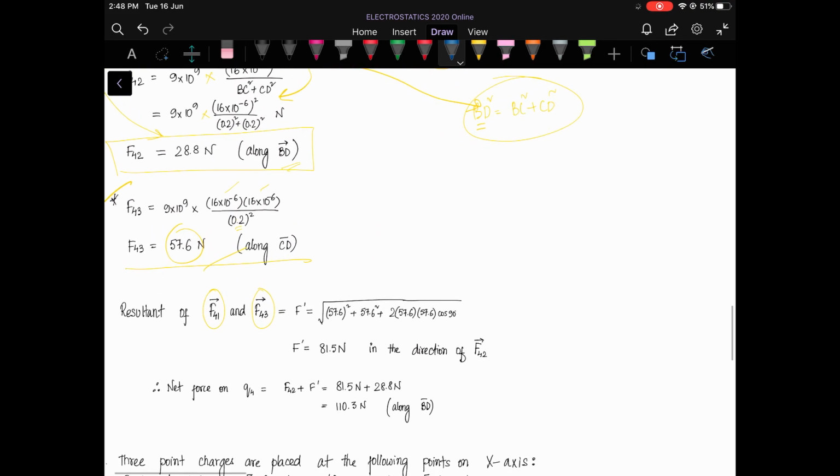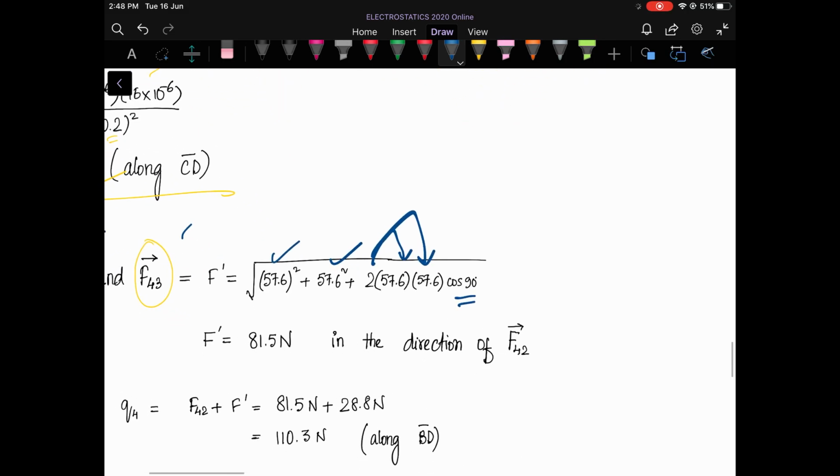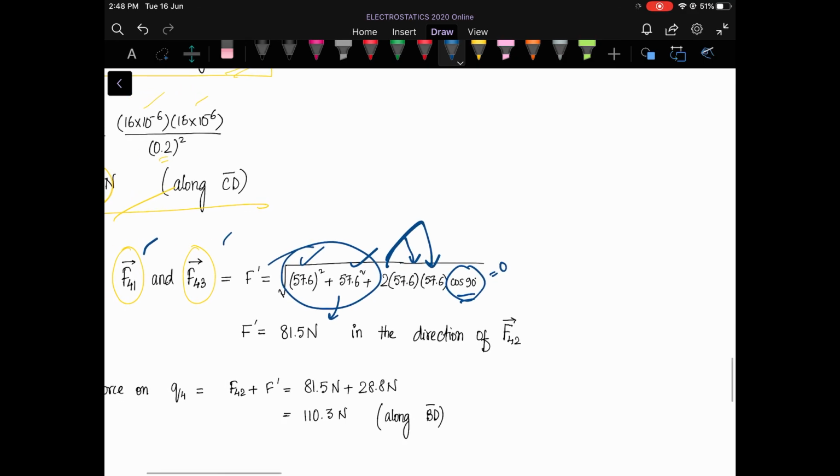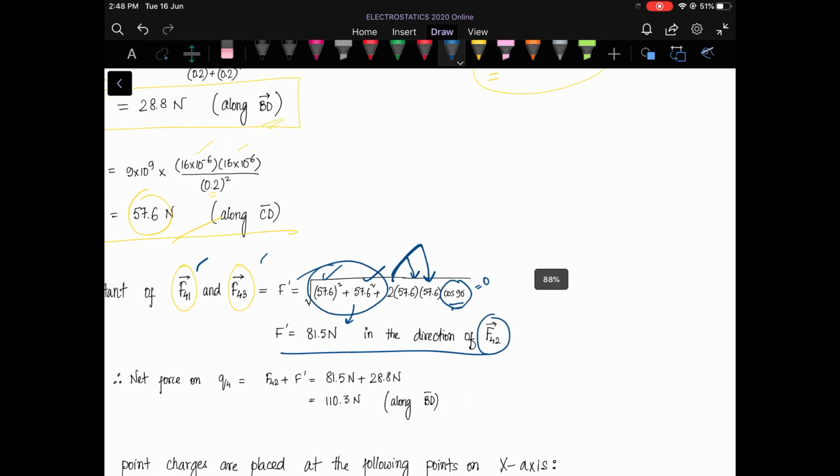When we do that, we must write the magnitude of F41, the magnitude of F43, twice the product of the magnitudes of F41 and F43, and we must write cos 90 degrees. But we know that cos 90 is 0, so we are only left with this part. On solving, we are going to get 81.5 newtons, and that is in the direction of your F42 as I told you.